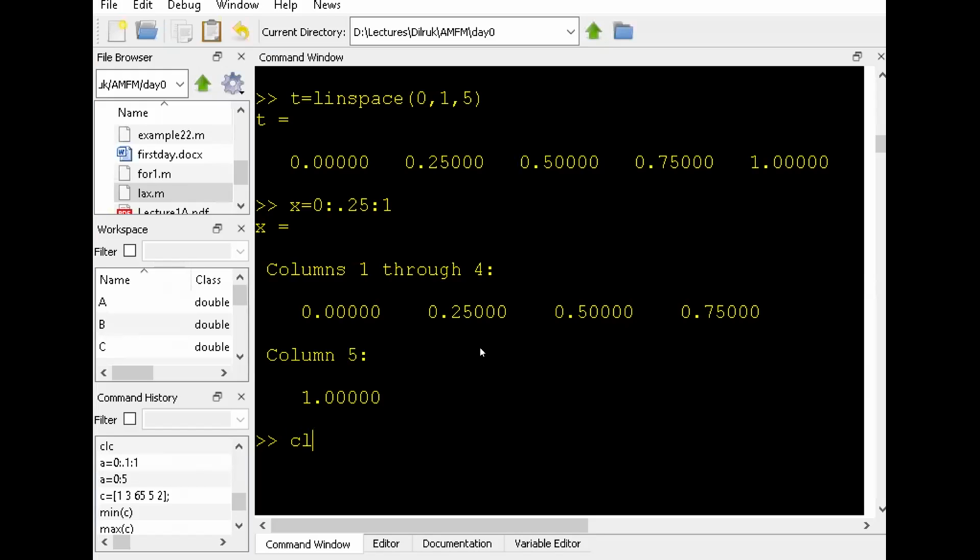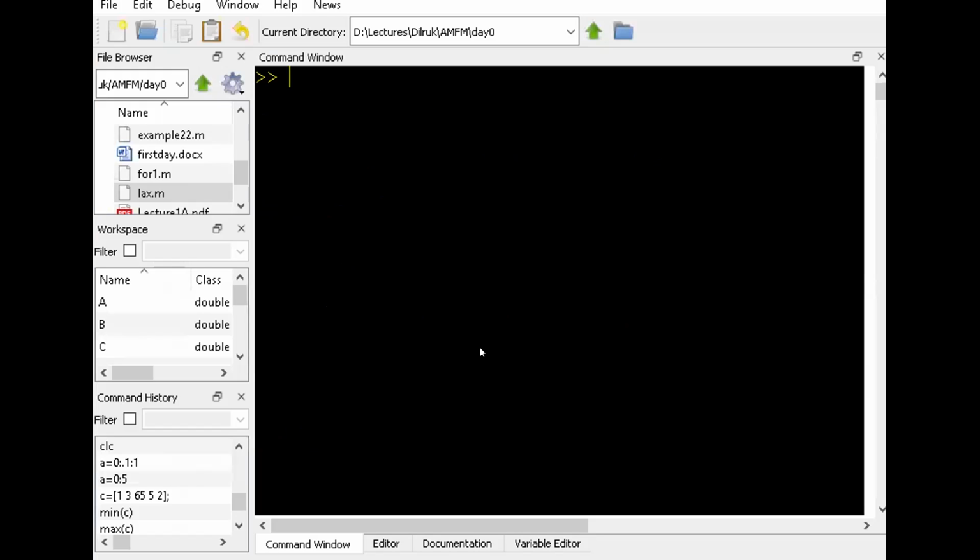Yeah, let's clear this. All right, so let's enter a vector 1 5 2 0. Vector, right? Or matrix, anything you can say.